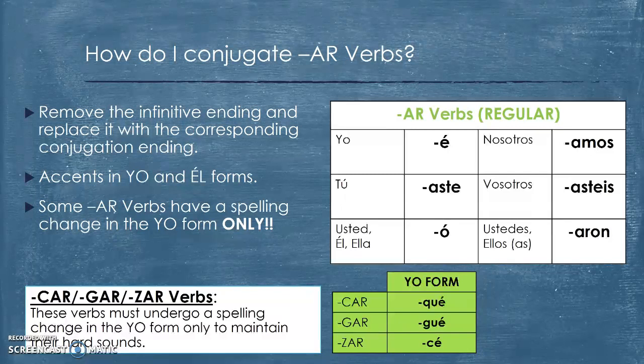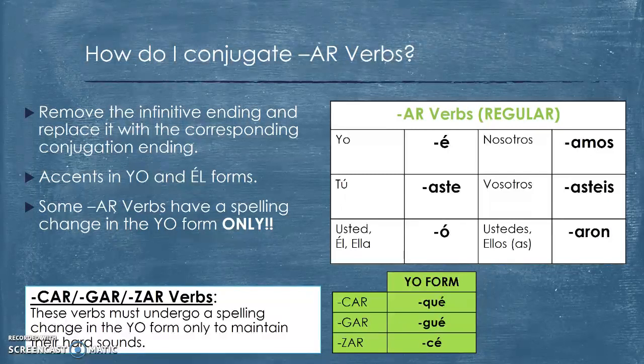Now, I mentioned earlier that AR verbs have 3 types that have a slight spelling change. And these are the verbs car, gar, and zar. So any verb that ends in car, gar, and zar has to have a slight spelling change in the yo form. And this is merely to maintain their sound.